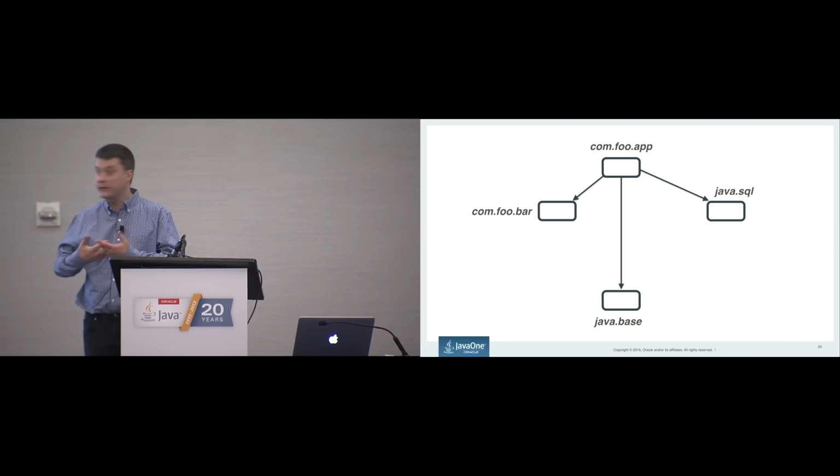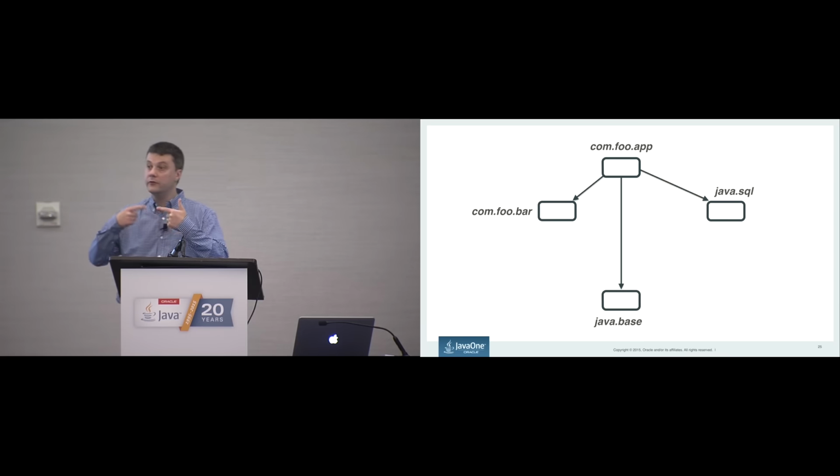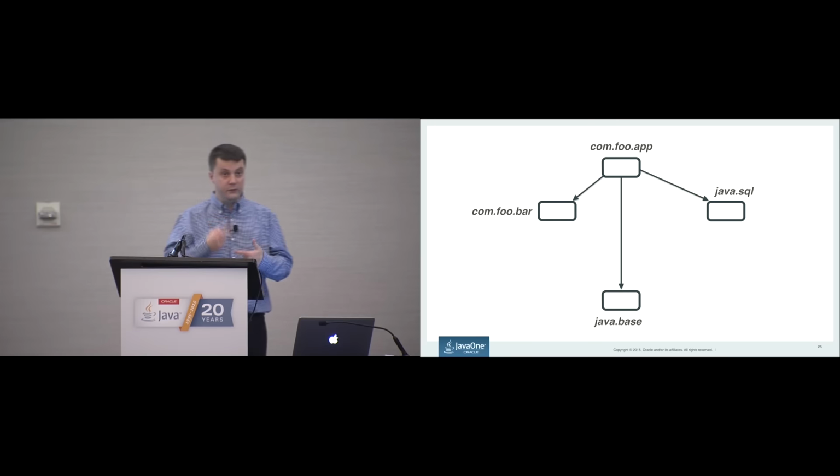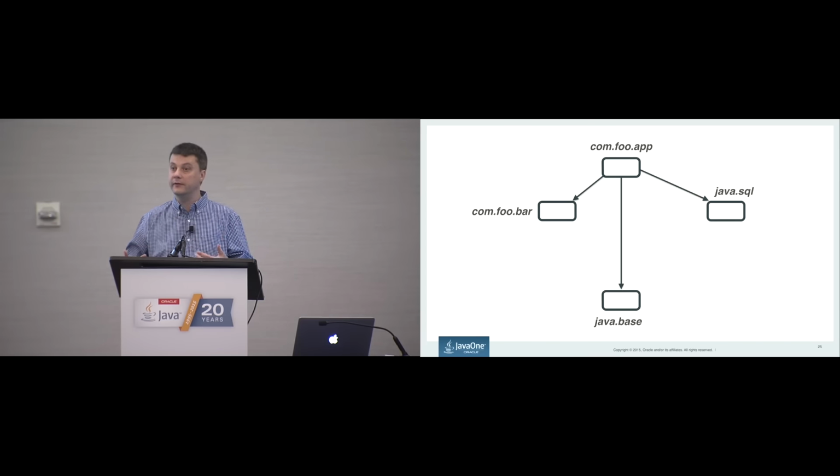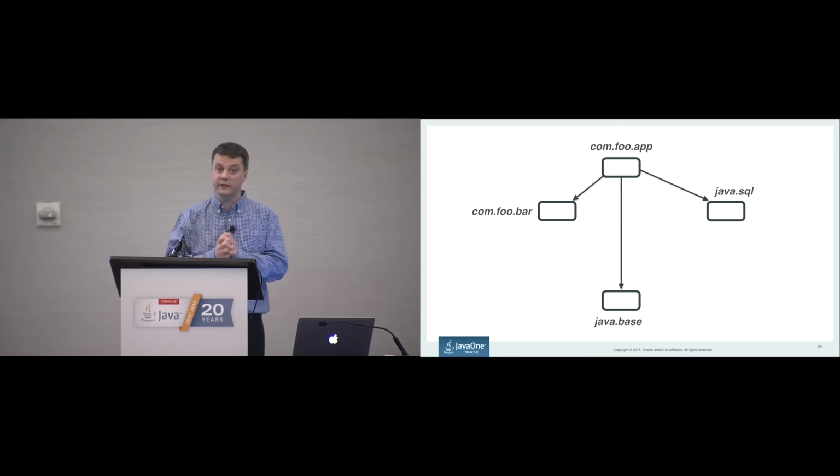So what happens is it locates module confu app. It looks at its module descriptor, figures out what it depends on. Then it has to compute the transitive closure to get the full set of modules that are in this module graph. So it's essentially generating this module graph when I run java -m.